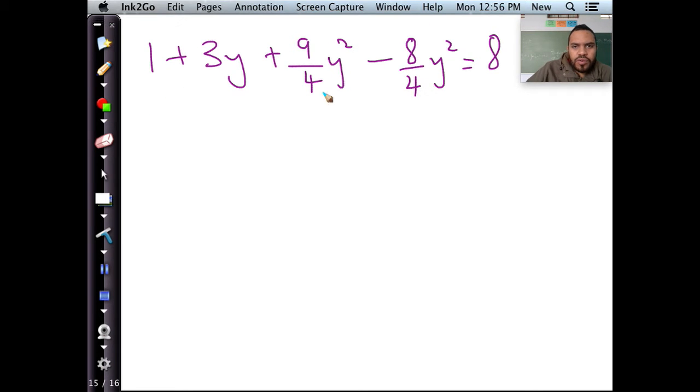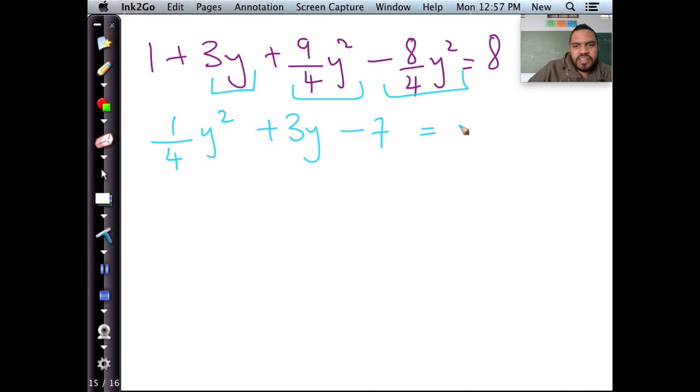So 9 quarters minus 8 quarters gives me 1 quarter left, 1 over 4 y squared, plus 3y. That's taken care of. Now I'm left with positive 7 on this side. I bring it over, I've got minus 7 equals 0.